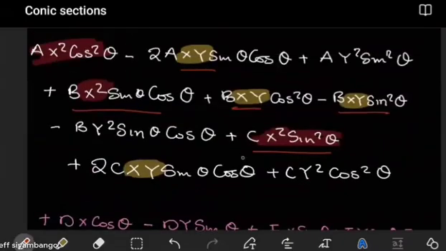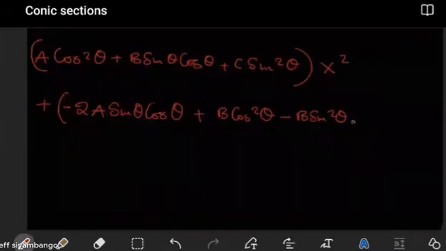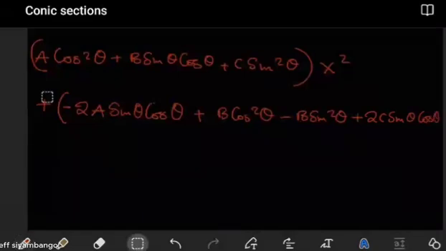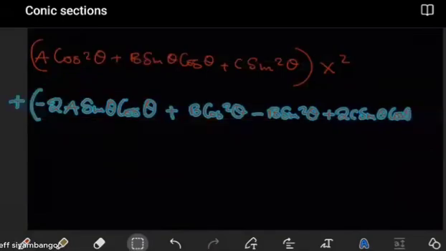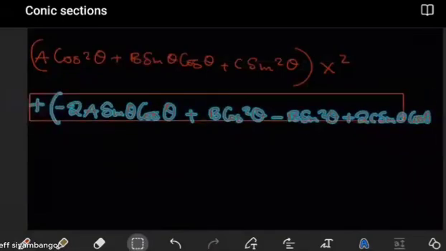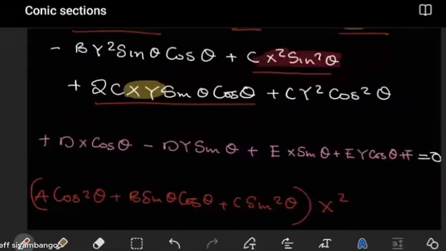The last one is this one here, which is 2c sine theta cos theta, positive. So that is the last one. Okay, so let's put in brackets, and this we factored out xy.